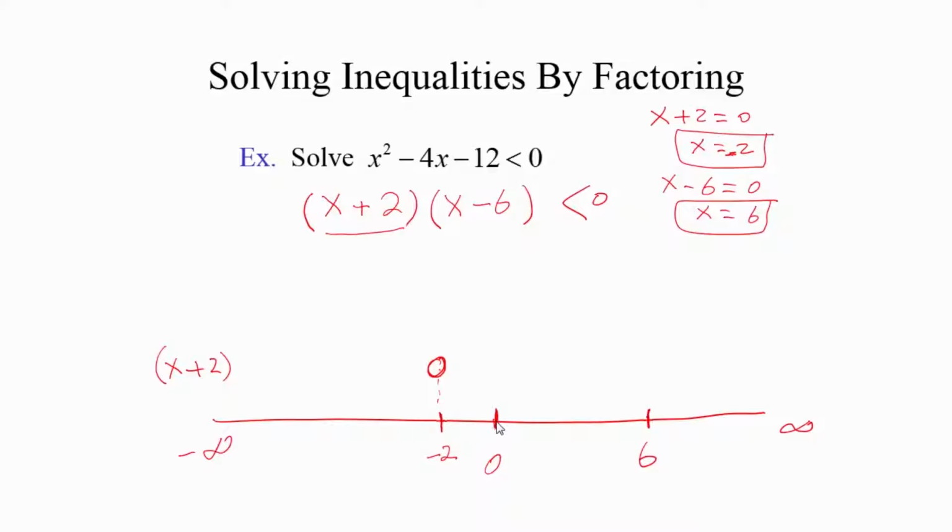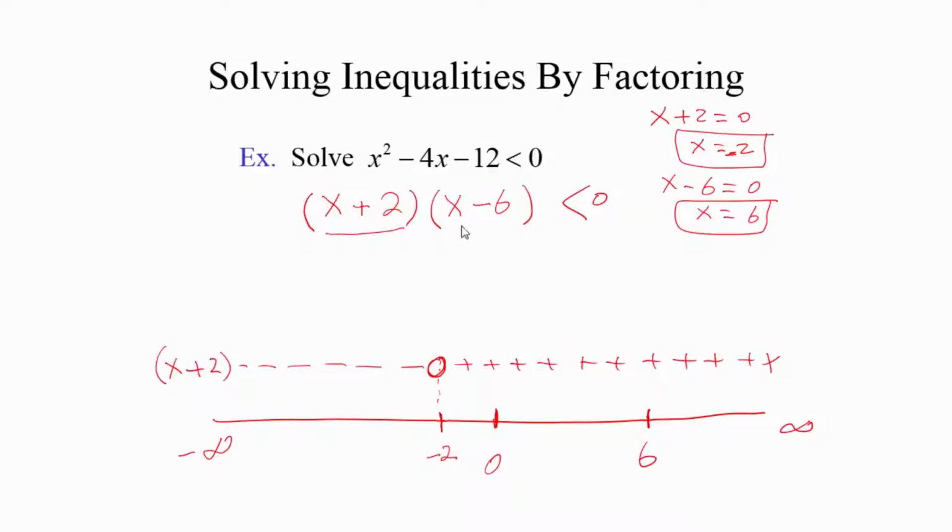What if x is 0? Well, 0 plus 2 is positive 2, a positive number. So you put positive all the way through. If any value less than minus 2 is put into this, like minus 10, you have minus 10 plus 2, which is minus 8. So you would get a negative number. That's really what you have to do. If one side is positive, the other side is definitely negative.